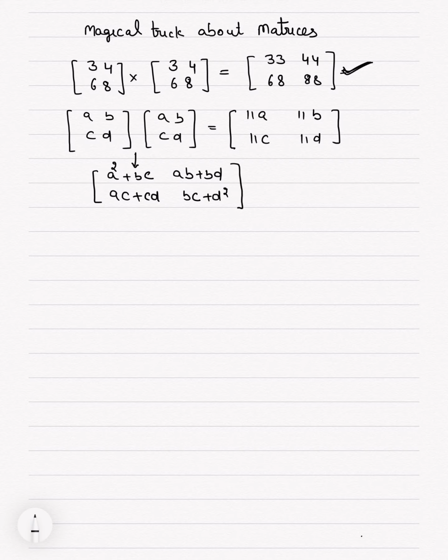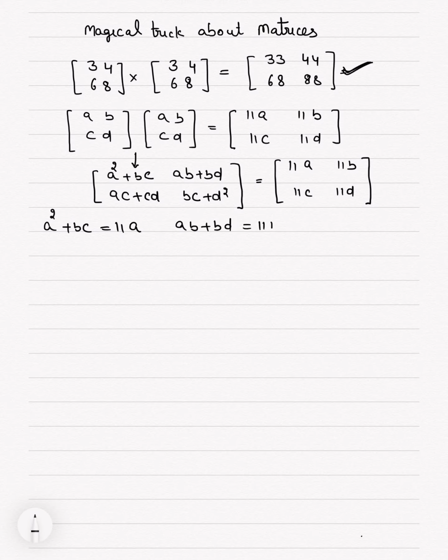What you will find out? Now, if we put this equal to 11A, 11B, 11C and 11D as we are expecting the result, you will check that A square plus BC is equal to 11A, AB plus BD is equal to 11B, AC plus CD is equal to 11C and at the last BC plus D square is equal to 11D.